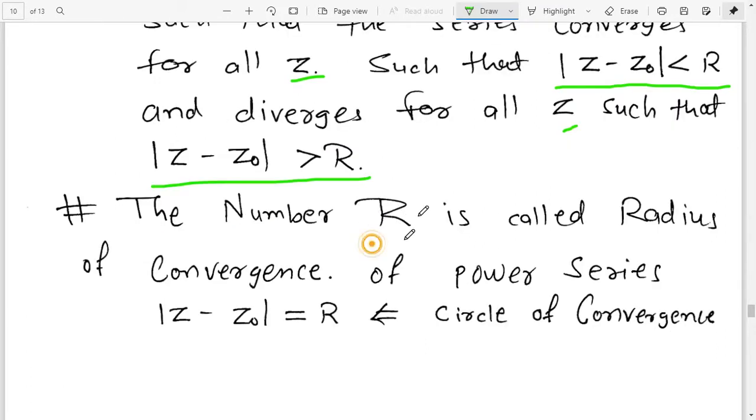The number r is called the radius of convergence of the power series, mod z minus z0 is equal to r, and this is the circle of convergence.